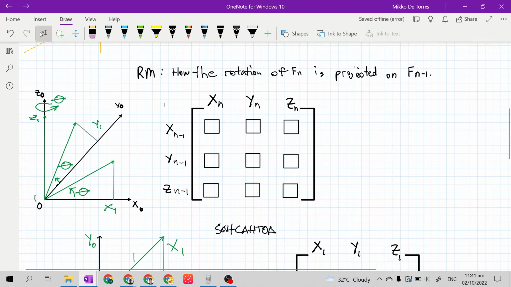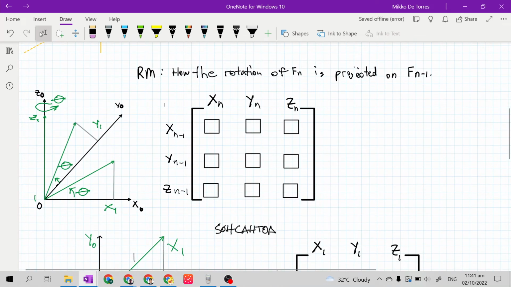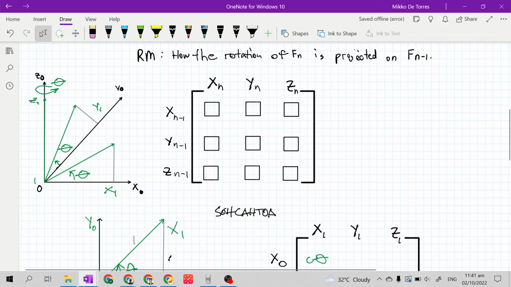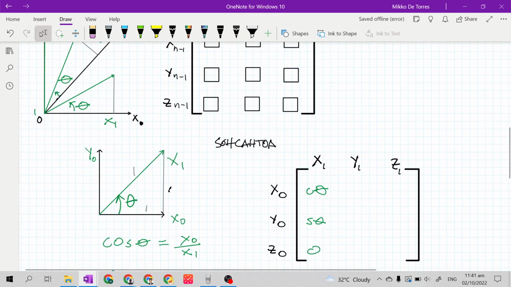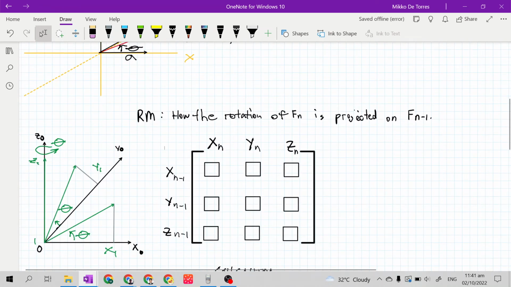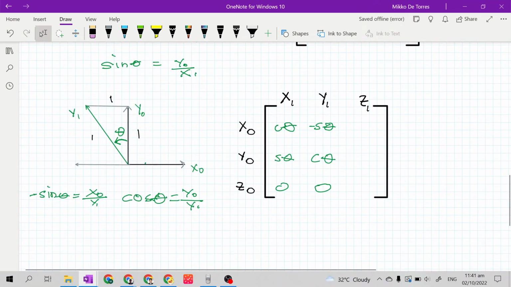So z sub 1 is not at the plane of x sub 0 and y sub 0. It means z sub 1 is perpendicular to both x sub 0 and y sub 0.